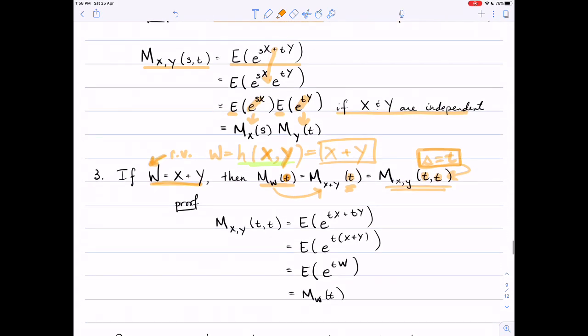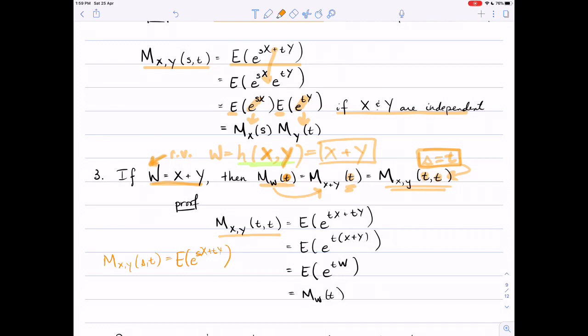And so the proof of that, again, just using expectation, is this. The definition of the joint moment generating function of two random variables has two variables s and t, and that was the expected value of e to the sx plus ty.